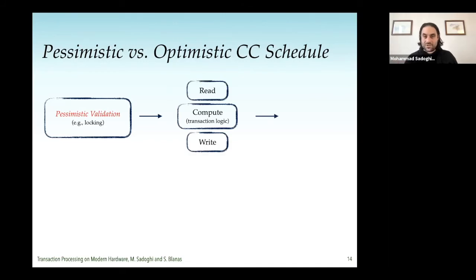Once I lock the resources that I need, I can read, and I can compute any logic that I need to do. For example, I can read the salary and increase the salary of every employee by 10%. Reading the salary is the read operation, the 10% raise depends on what was read, and then I write it. So I lock all the resources that I need to make sure I have exclusive access, do my read, do my compute, do my write, and then I commit and finalize.